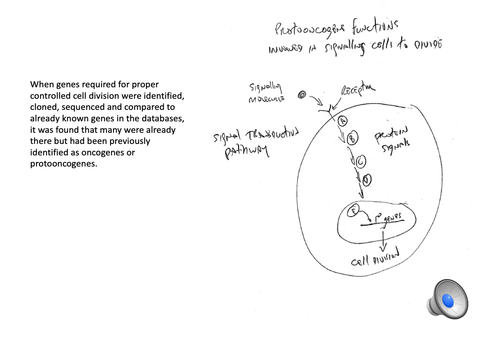So we may have protein A, protein B, protein C, protein D, which interact with each other, and a signal is passed from one to the next, from A to B, B to C, C to D, and eventually it gets into the nucleus. A protein or signal will then bind to a promoter and turn on genes which are involved in cell division.